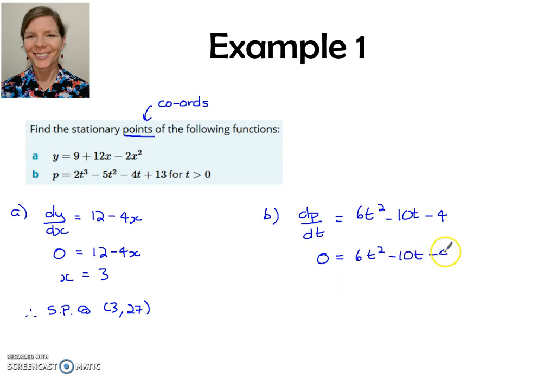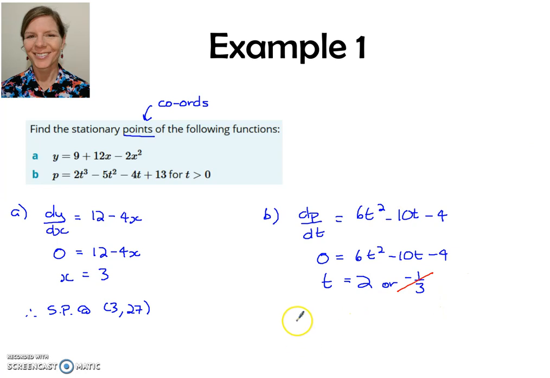When you solve that, you either get 2 or negative a third. Usually that wouldn't be a problem, but we've been told that t must be greater than 0, so we can discount that one.